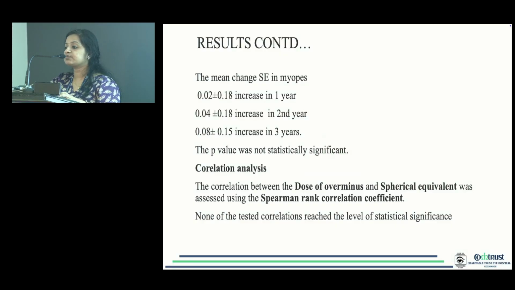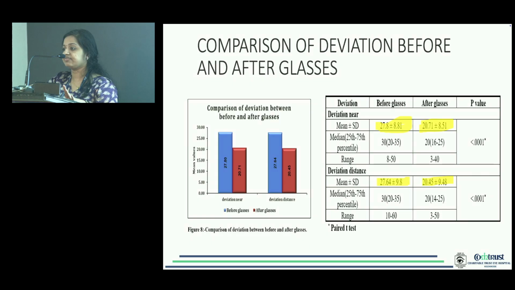In 2 years, it was a 0.04 plus or minus 0.18 increase, and in 3 years, it was 0.08 plus or minus 0.15. The p-value was not statistically significant. We also did a correlation analysis between the dose of over minus and spherical equivalent using the Spearman rank correlation coefficient. None of the tested correlations reached the level of statistical significance.